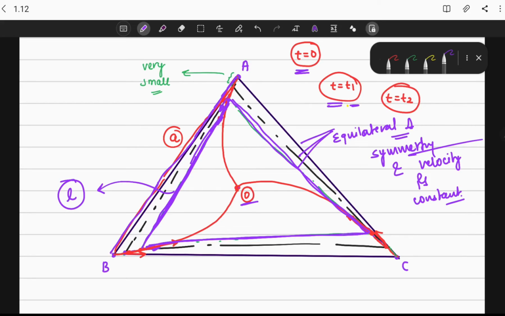If we want to know the rate at which the length is reducing, we have to find the velocity of A in this direction and the velocity of B in this direction.